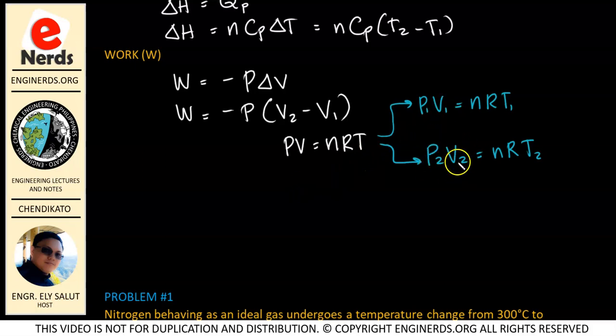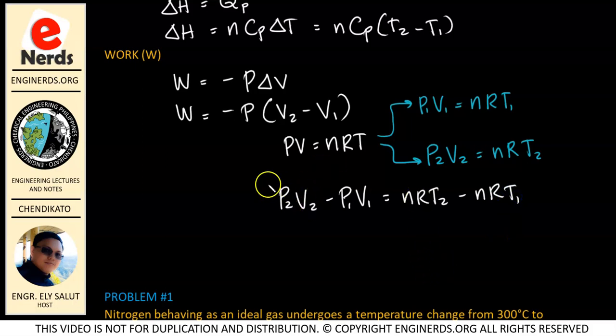So we will have P2 V2 minus P1 V1, which is equal to nRT2 minus nRT1. But we are operating here in a constant pressure process.